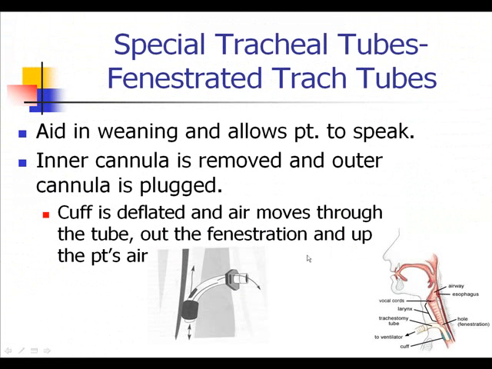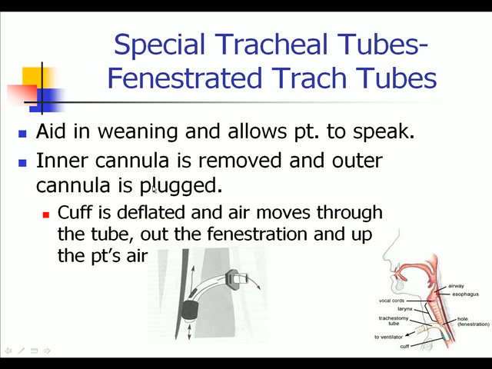Well, we have some special tracheostomy tubes, and they're known as fenestrated trach tubes. And if we're looking at weaning somebody from a trach, we can't always just remove the trach immediately. And similar to weaning somebody from mechanical ventilation, it tends to be a step-by-step process. So in this case, we have a tube that has an additional hole in the posterior portion of the tube, and it'll allow the person to speak, and it'll aid in weaning.